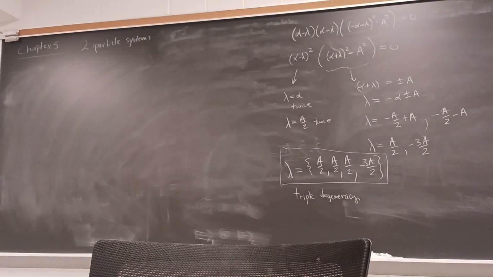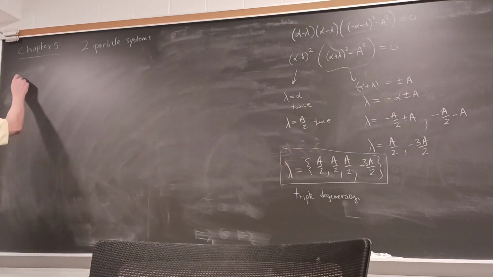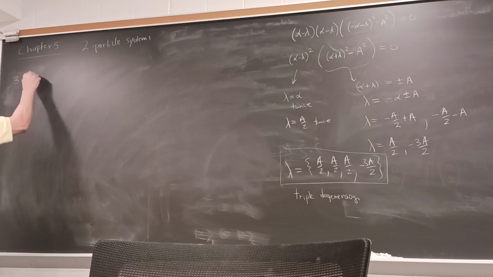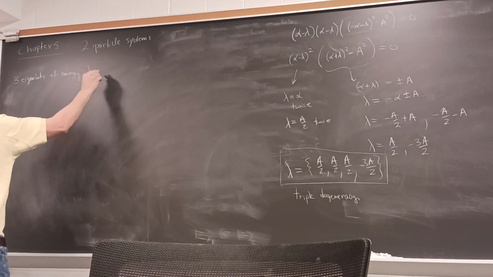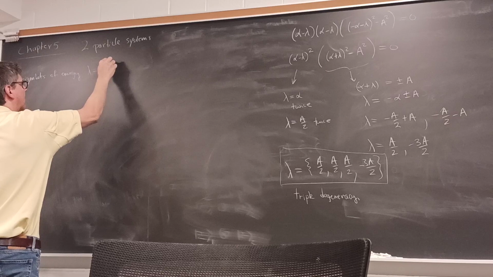So let's summarize. So we have 3 vectors, three eigenkets of energy lambda, which was a over 2, right?